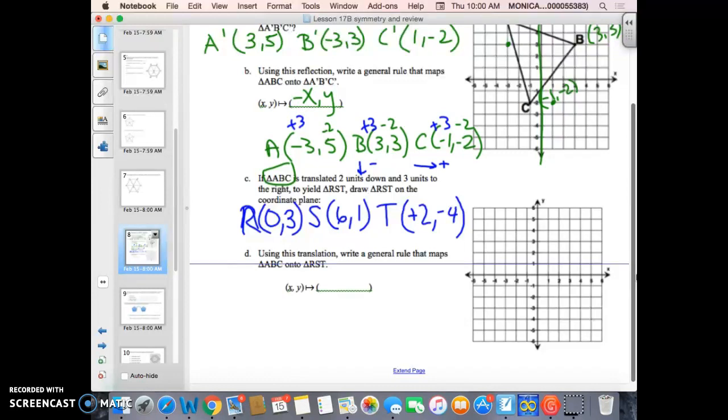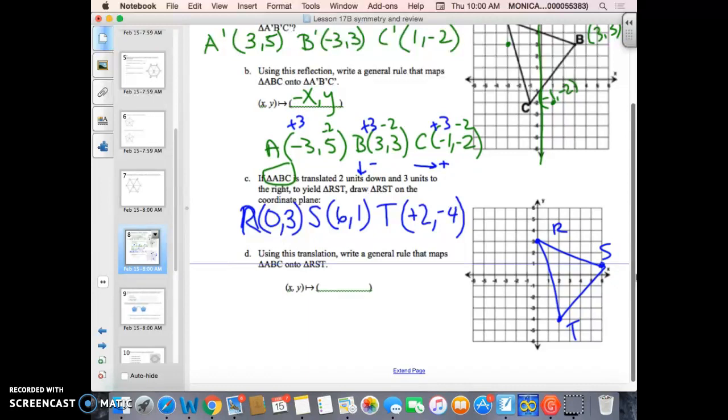So R is going to be at 0, 3, S at 6, 1, and T is at 2, -4. And you should notice it's the same shape, it just went over 3, and down 2.